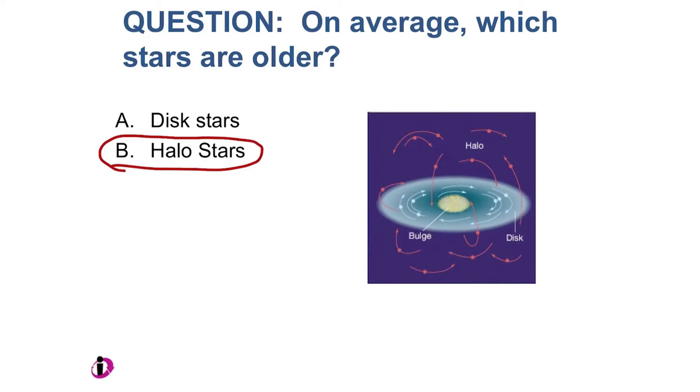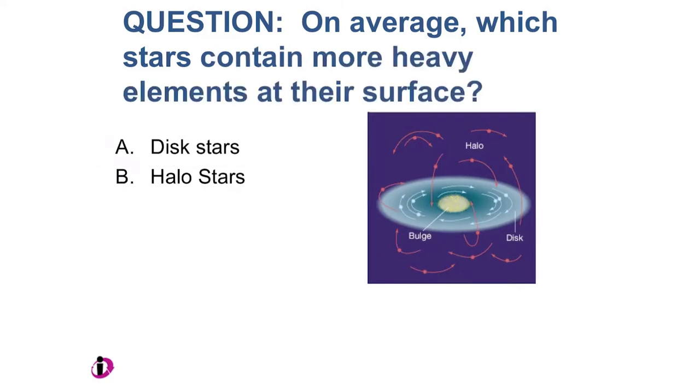Okay, here's one that's a little bit more tricky. On average, which stars contain more heavy elements at their surface? What do you think, disk stars or halo stars? Okay, this is much more subtle than the first question. We know that the halo stars on average are older. And we also know that old stars in their centers have gone through lots of burning, potentially hydrogen to helium, potentially helium to carbon, and greater.